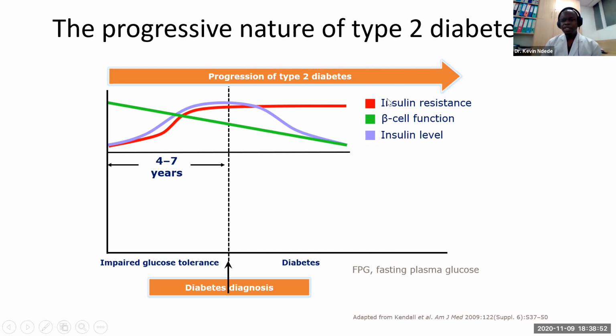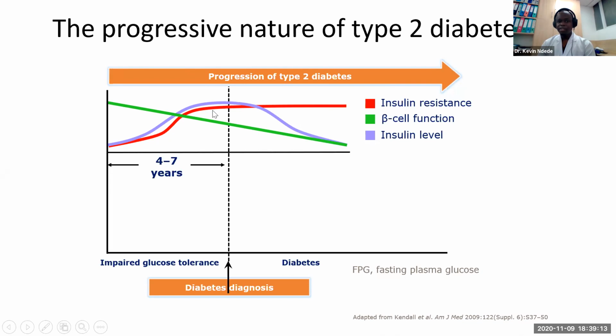Then the insulin levels, which appear here in blue, we can also see that from the time of diagnosis of diabetes, the insulin levels begin to decline. And this is incongruent with the decline in beta cell function.